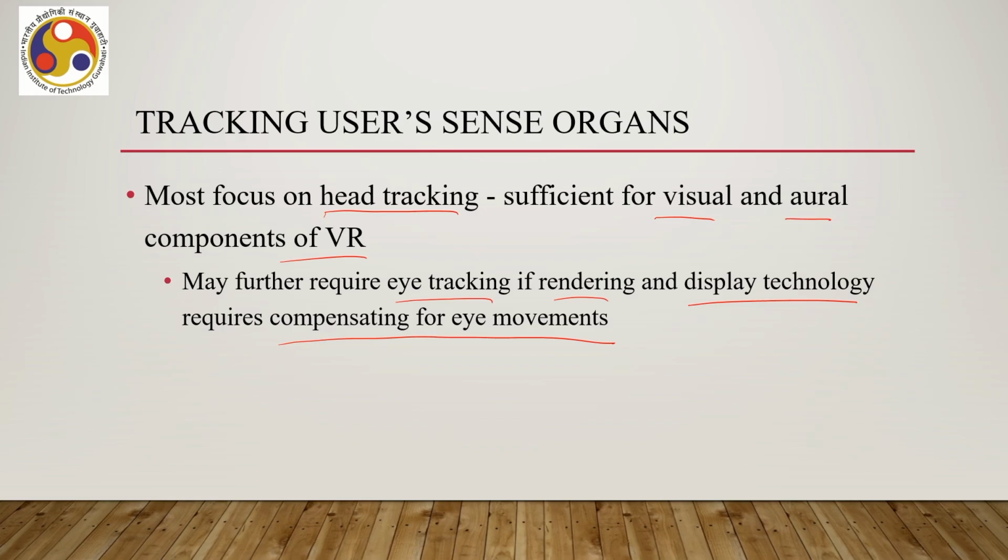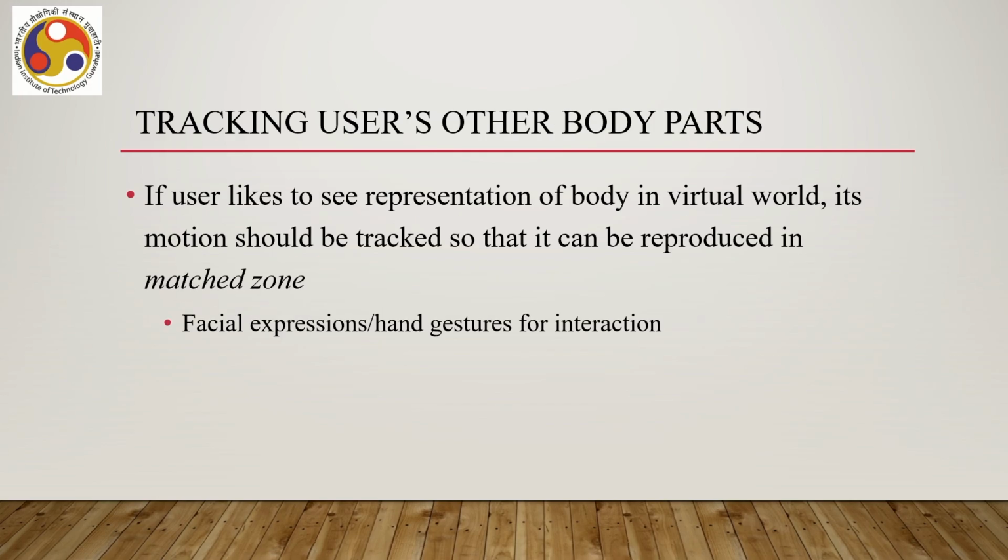So, eye tracking may also be part of head tracking. On the other hand, if the user likes to see representation of body in the virtual world in the form of avatars or body components such as virtual hands, its motion should be tracked so that it can be reproduced in the matched zone, that is tracking users' other body parts.